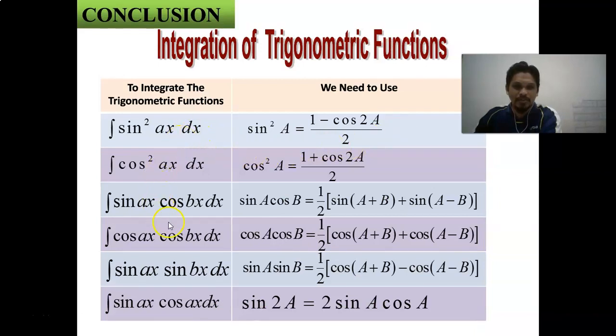So please look at this one here and try yourself. Okay, please do not just watch the formula without trying and doing an exercise, because you can easily forget all these formulas here.